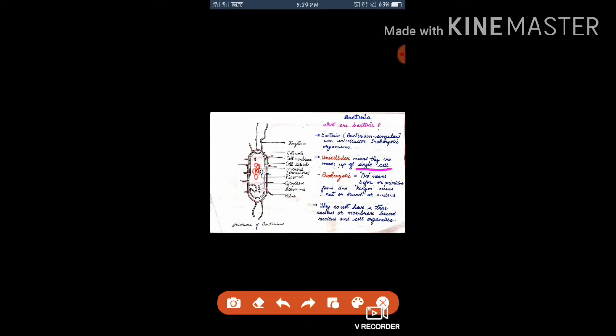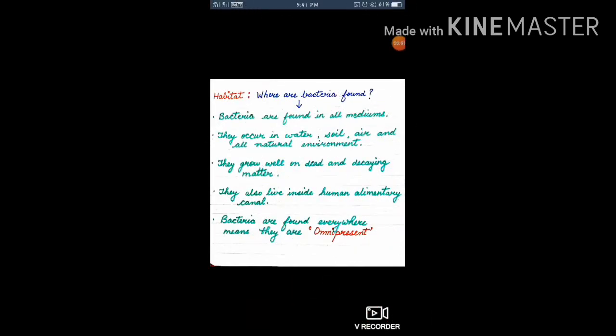So we can say bacteria are classified as prokaryotic, which are single celled organisms with simple internal structure. Or in simple words, it is a primitive type of cell characterized by the absence of membrane bound organelles and nucleus.